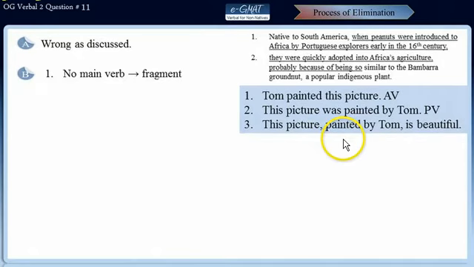Similarly, adopted in this choice B is actually a verb-ed modifier because if we say that peanuts adopted into Africa's agriculture, if we have to make it a verb, then it means that peanuts is the doer that adopted something, but that is not the intended meaning. Peanuts were adopted into African agriculture, right? So we need that were before adopted to change this into a passive voice past tense verb.